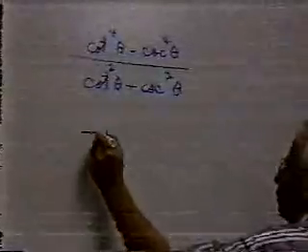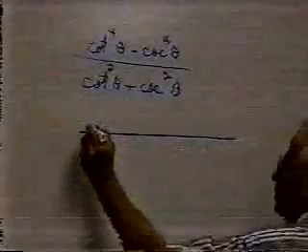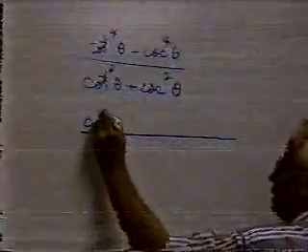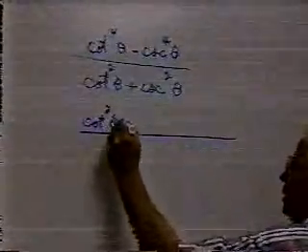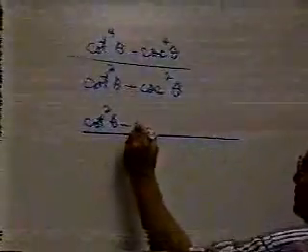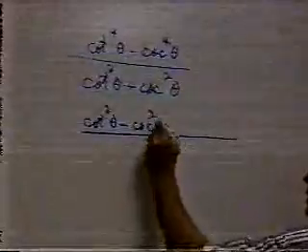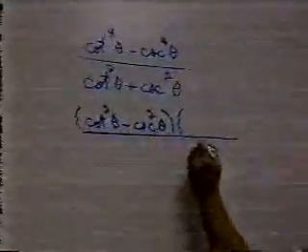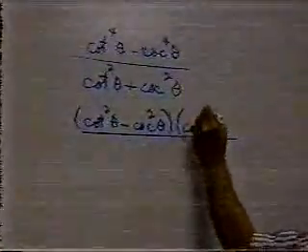All right, here we go. The top one then will factor. It will factor into cotangent squared minus cosecant squared times cotangent squared plus cosecant squared.